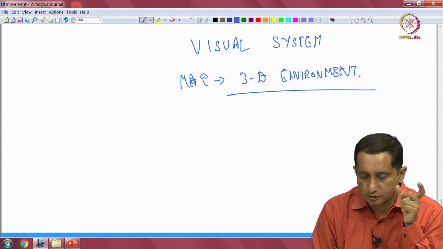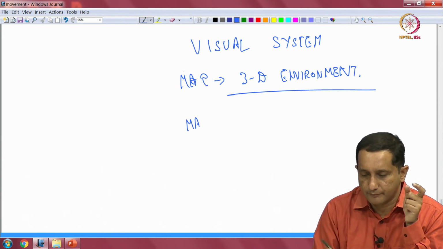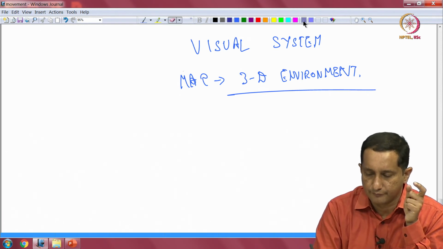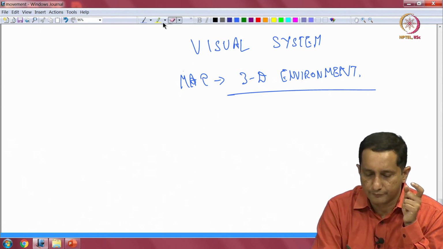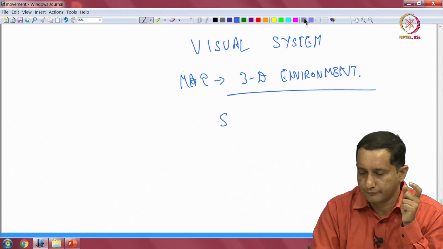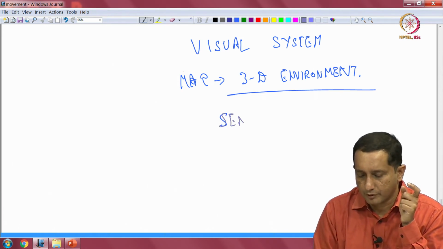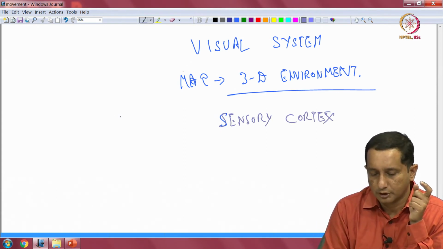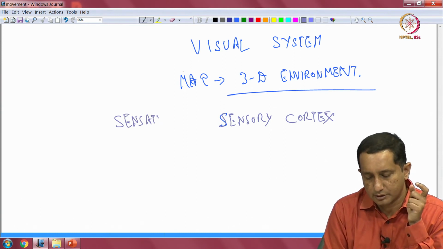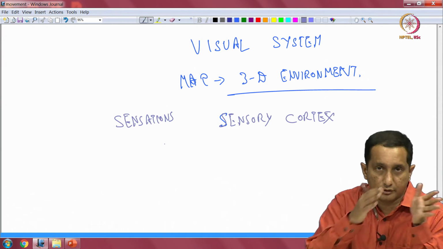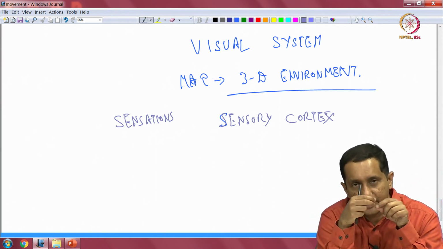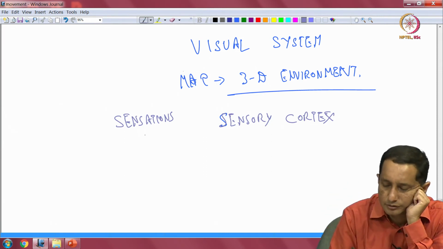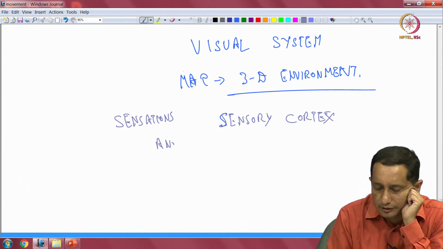Now, there is also mapping of the sensory cortex. Sensations within the cord, within the brainstem, are conveyed through individual selected paths, which is hardwired based on the anatomical location. So, anatomically coded.